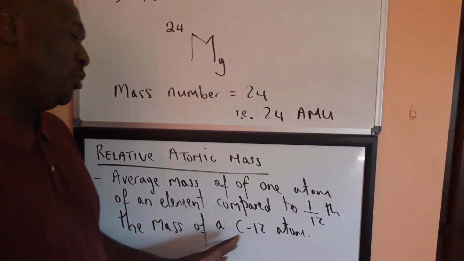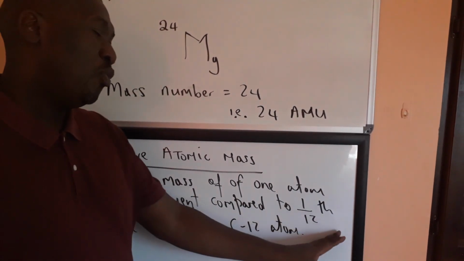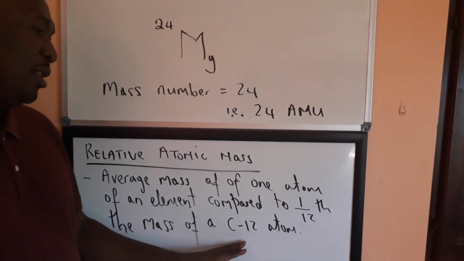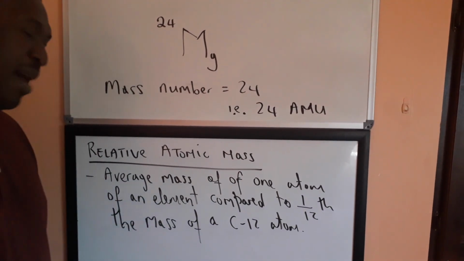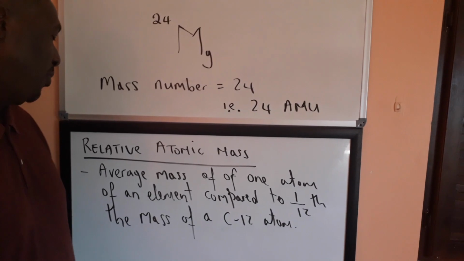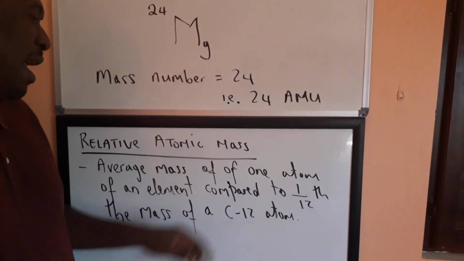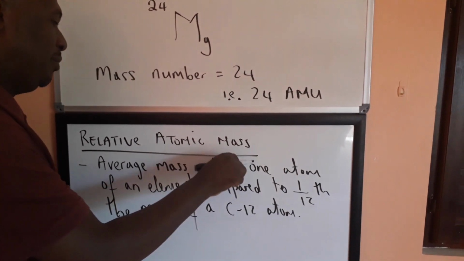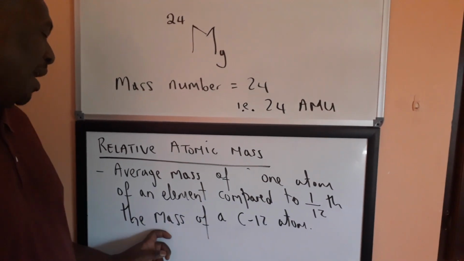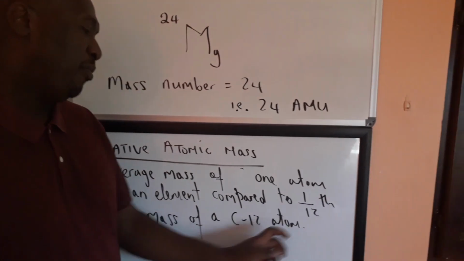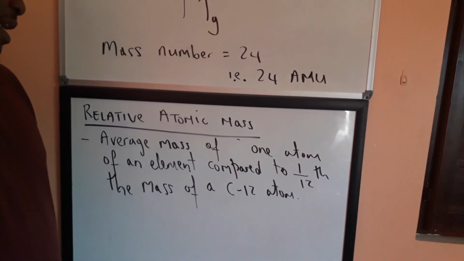Later, the standard used was the carbon-12 atom, so 1 AMU was described as 1/12 the mass of a carbon-12 atom. Relative atomic mass is the average mass of one atom of an element compared to 1/12 the mass of a carbon-12 atom, which is basically 1 AMU.